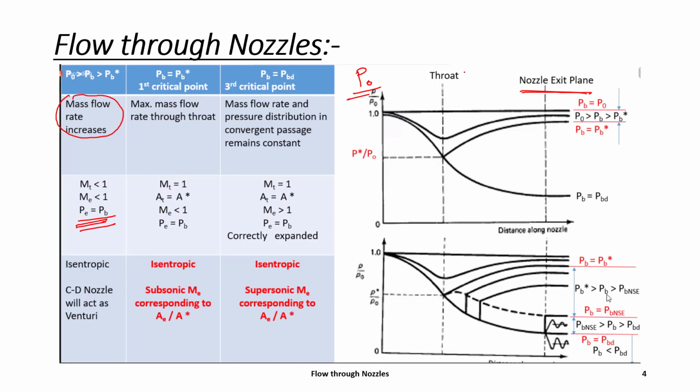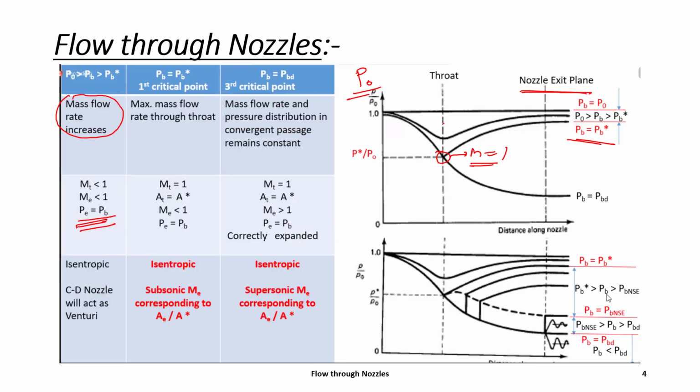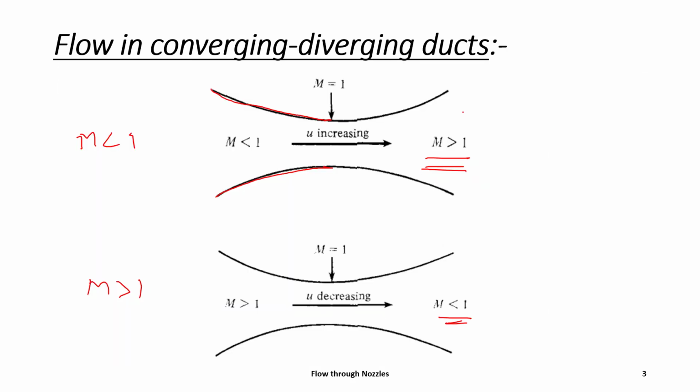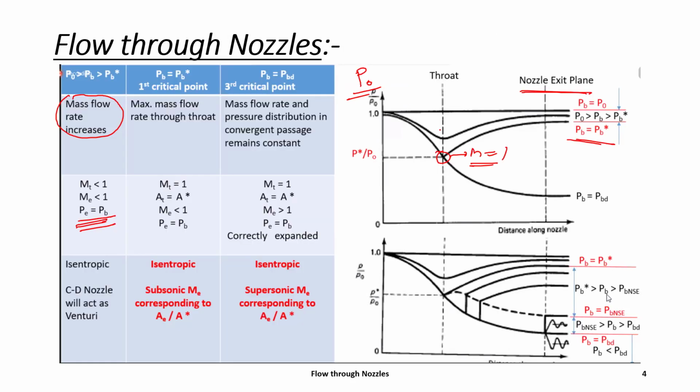Now when our back pressure is such that at the throat Mach number is 1, and just after that flow velocity will decrease in the diverging part, this point is called the first critical point, and the flow will be subsonic.